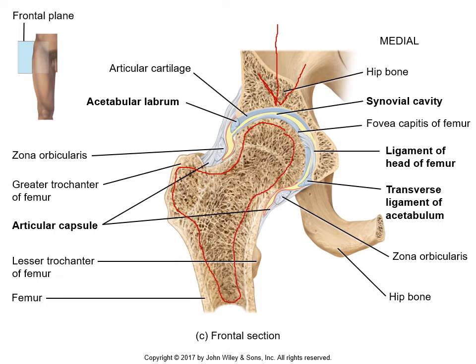Remember, because of how the bone is designed, because of the spongy bone, even though the weight of your body is pushing down right here on the femoral head, the greatest amount of stress biomechanically should be borne right through here on the femoral neck.